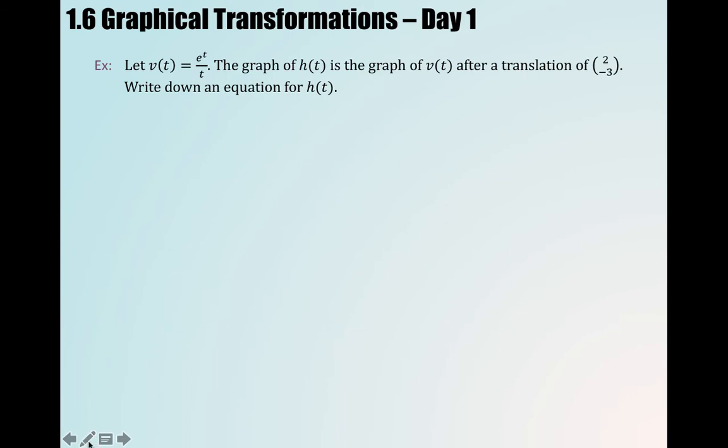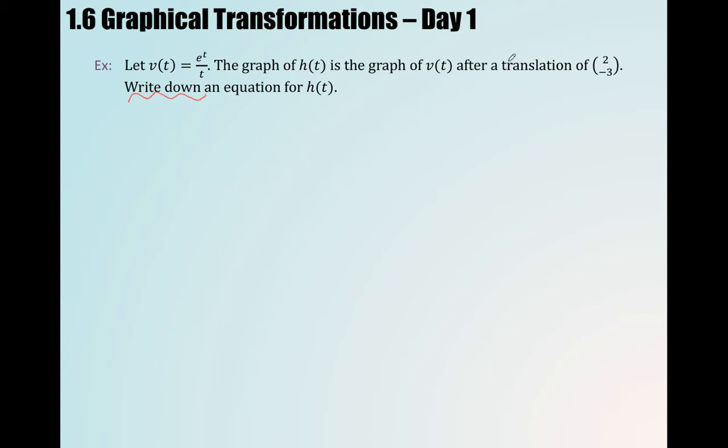All right, so let's take a look at our first example here. Let v of t equal e to the power of t divided by t. The graph of h of t is given to you. After this translation, we want to write down an equation for h of t. So what exactly does this mean?